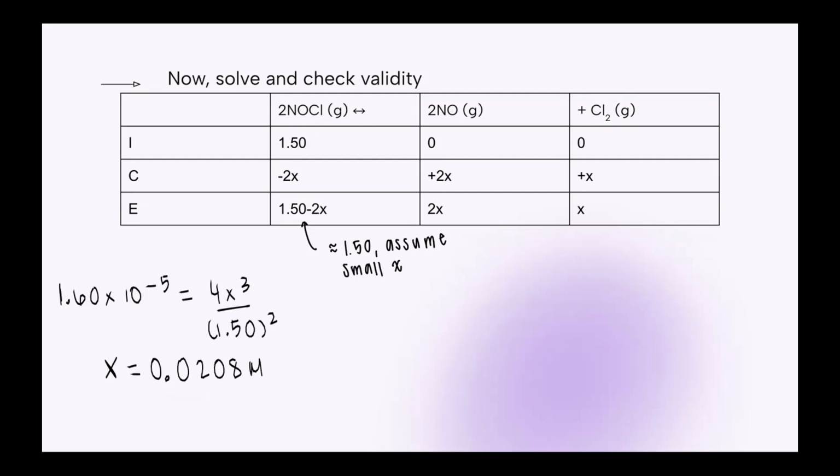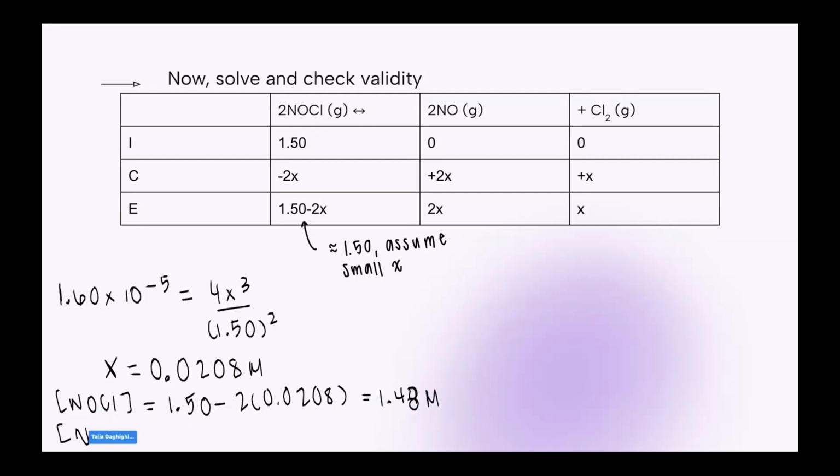Okay, now we need the equilibrium concentrations. So I'm going to start with the concentration of NaCl. It's going to be 1.50 minus 2 times 0.0208. And remember to use the unrounded version in your calculator. And we're going to get 1.48 molar.